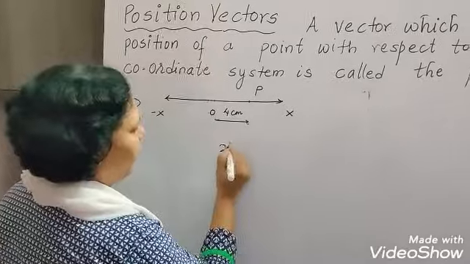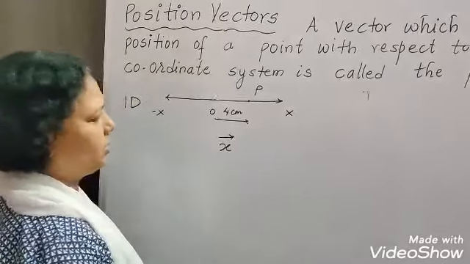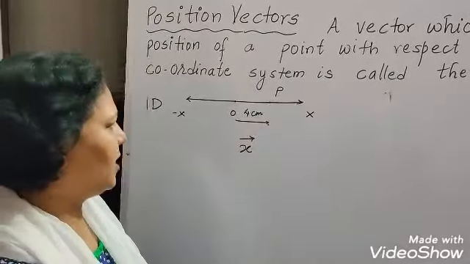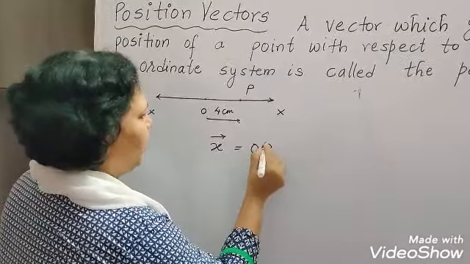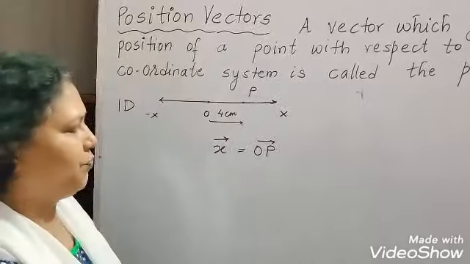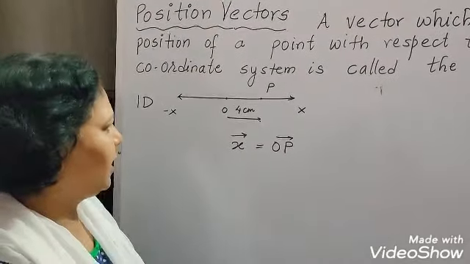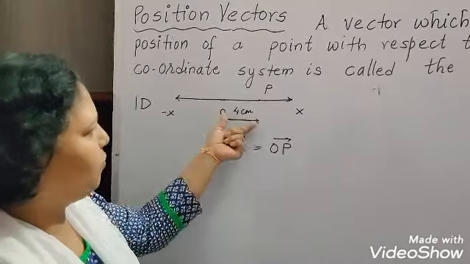This length of the line will tell us about the magnitude of a vector which we can say is x. Suppose this is the vector x, which is represented here with the line OP, and the magnitude of the line is equal to 4 centimeter.